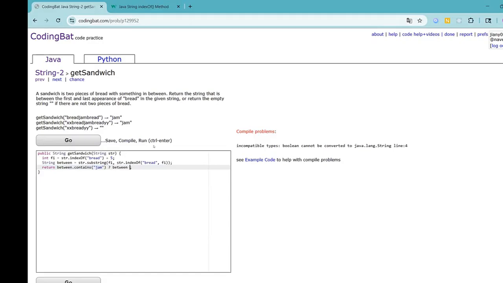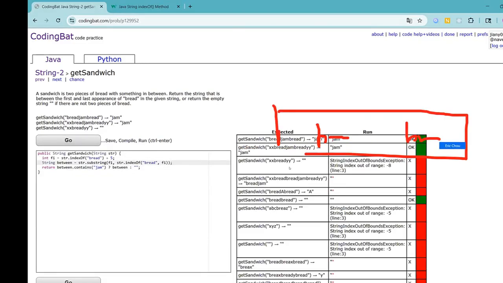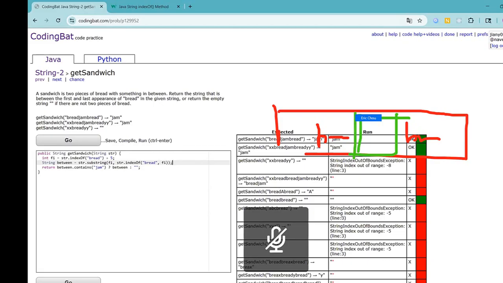What they want is you need to have a bread, and you have another bread here. You are going to return something as a sandwich in between the breads. Right here, you're going to return this part.